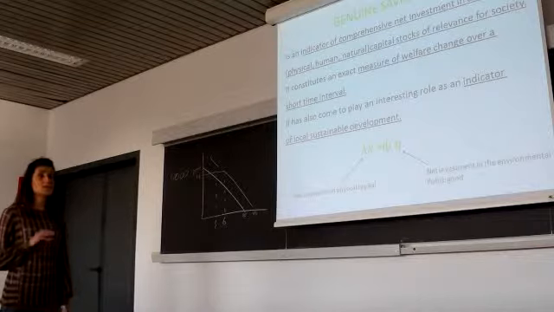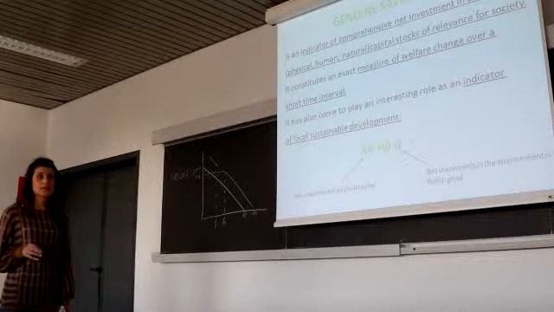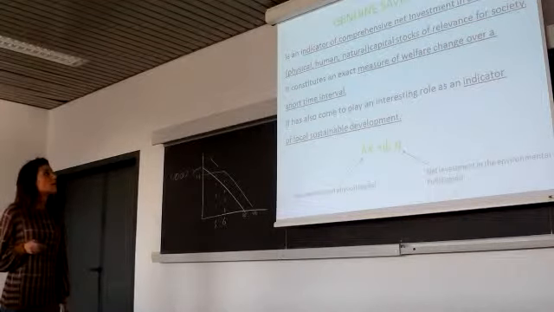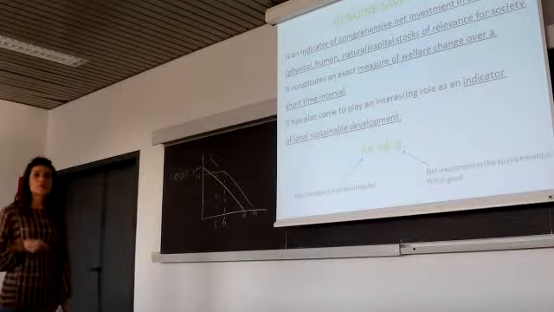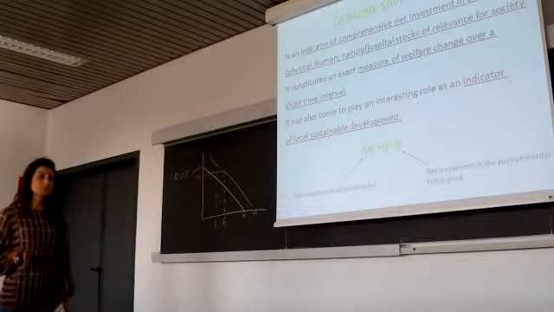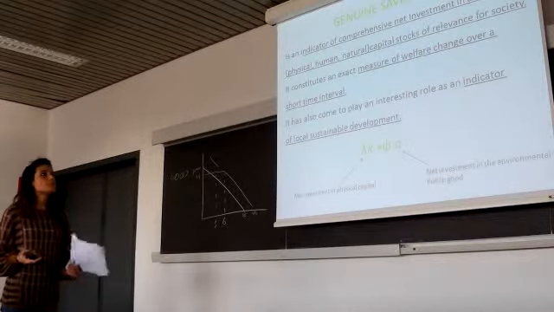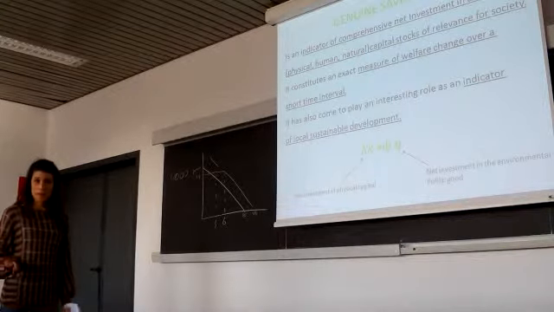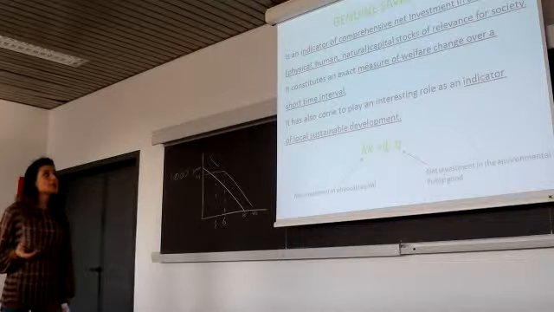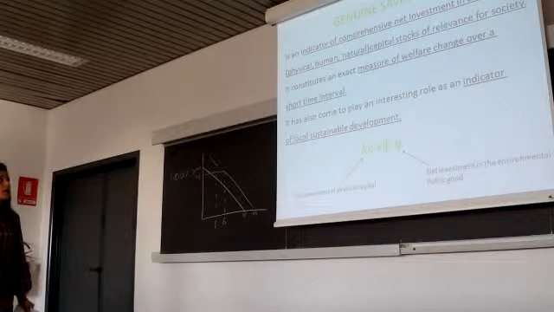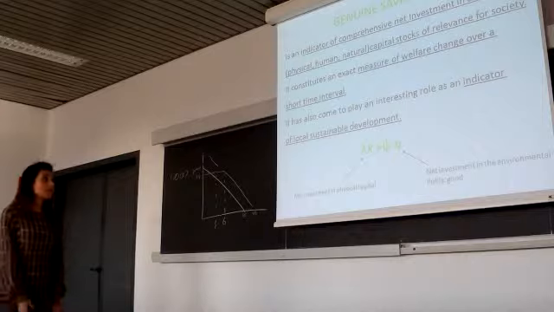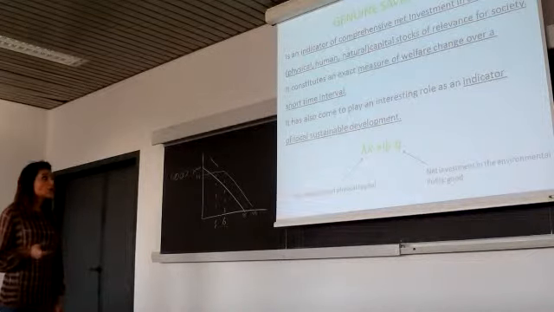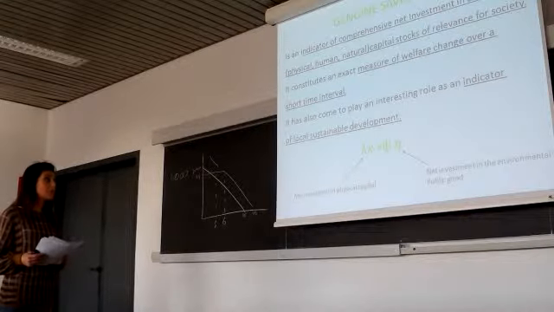This means that it doesn't consider only the value of change in physical capital, but it also considers the social value of change in human and natural capital stocks. So it could be considered an exact measure of welfare change over a short time interval, and it can also play an interesting role as an indicator of local sustainable development.